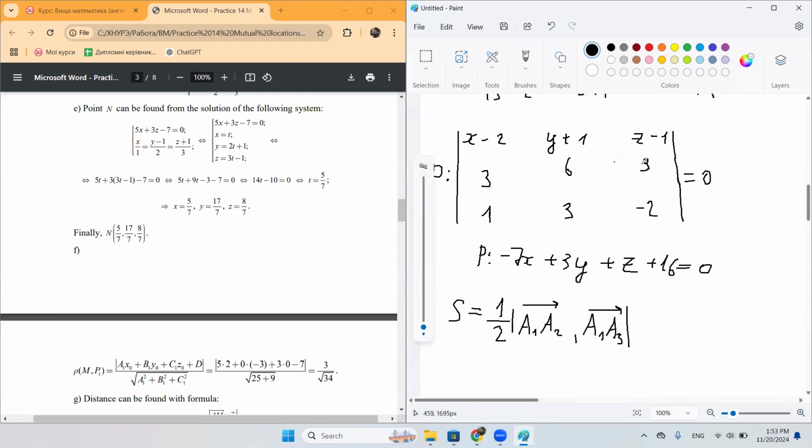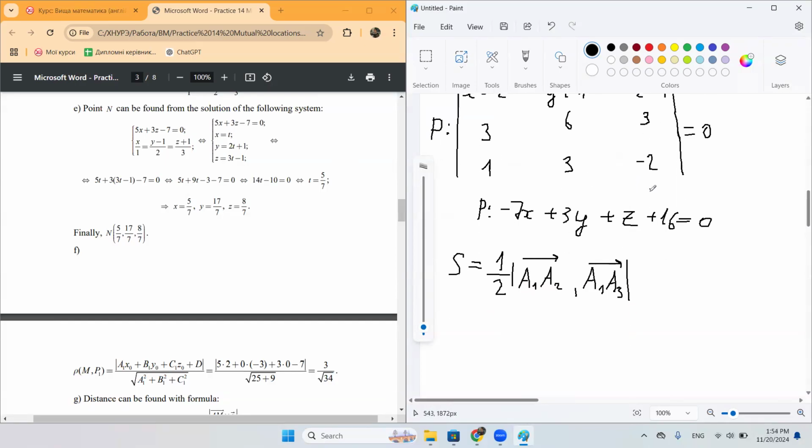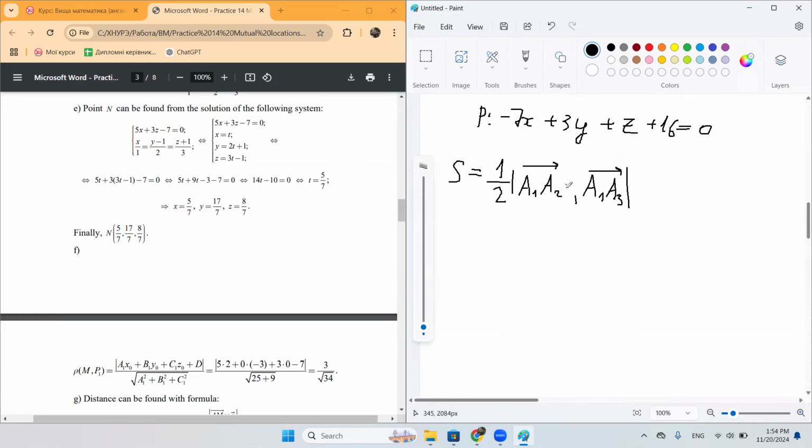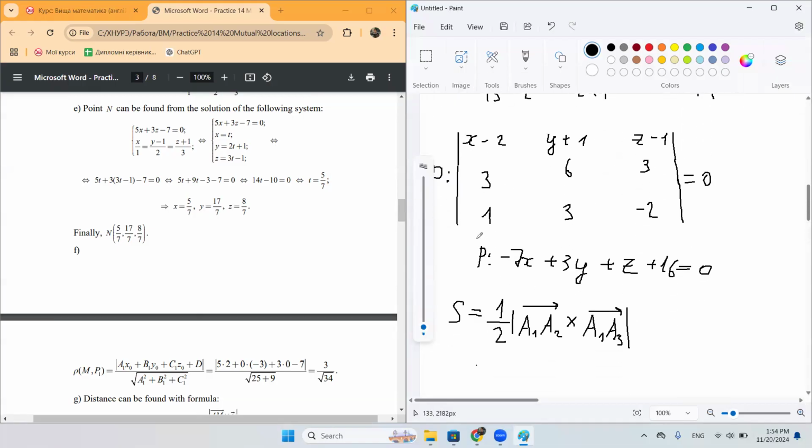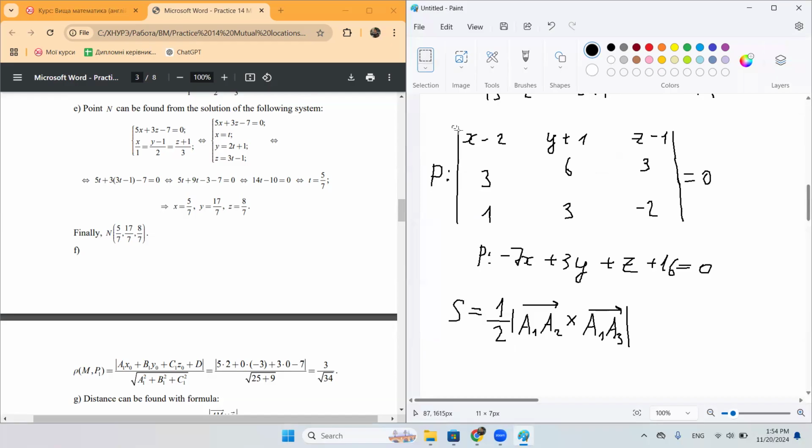So A1, A2, this row, and A1, A3, this row. So now it's correct.